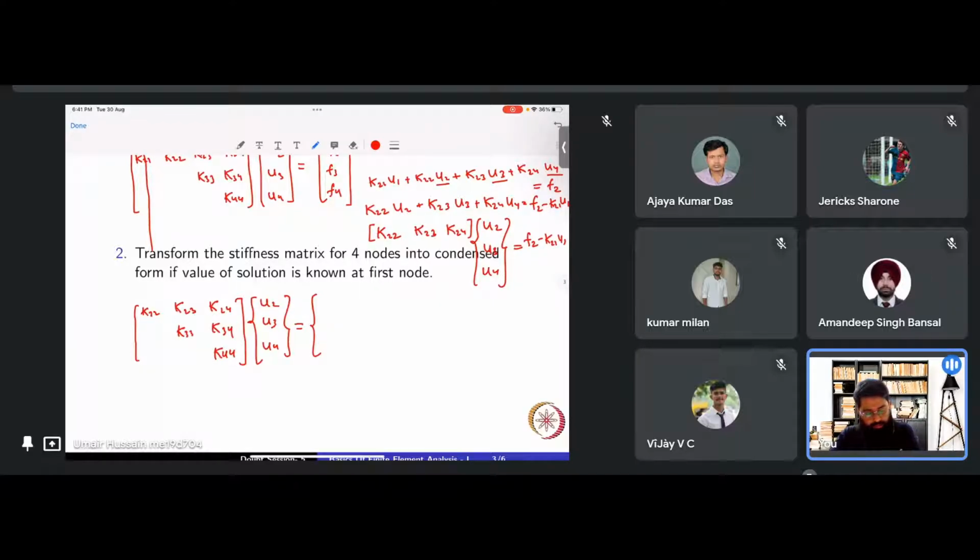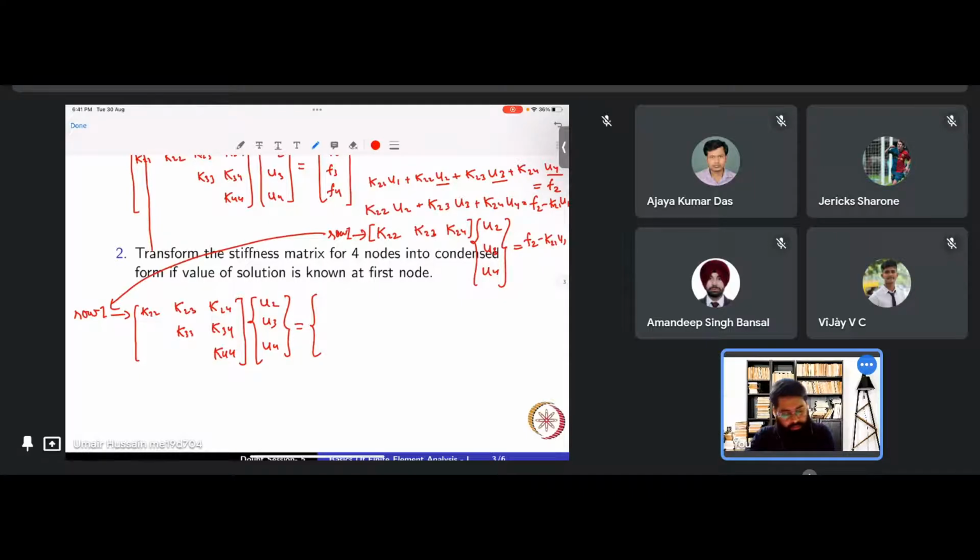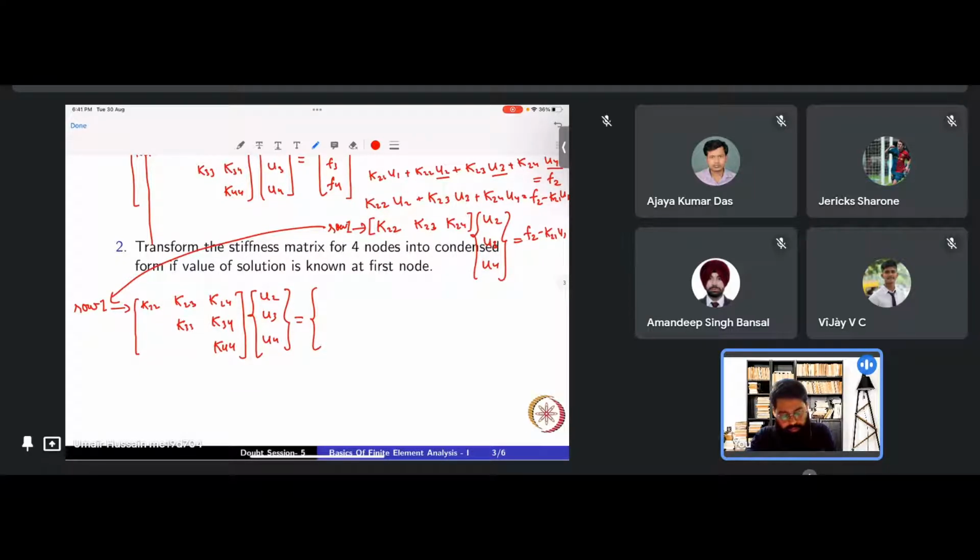This is row 1, and corresponding to this row, the element in this vector is f2 minus k21 u1.